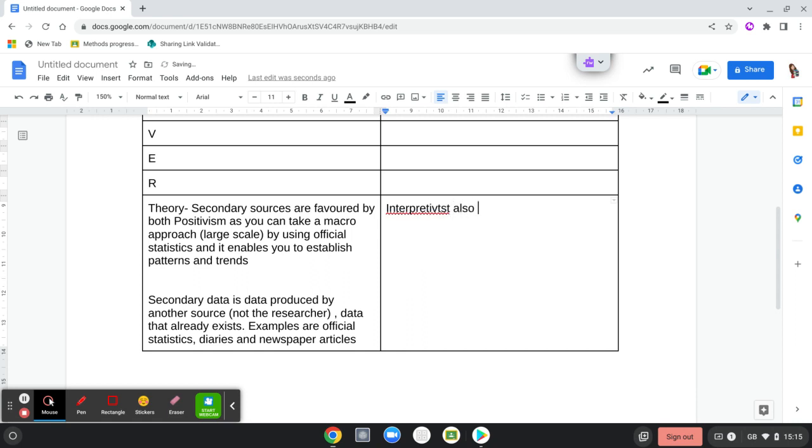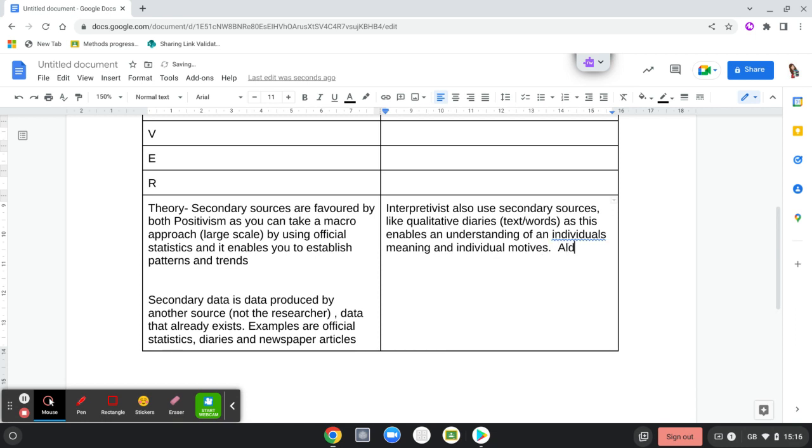Interpretivists also use secondary sources like qualitative diaries, expressed in text or words, as this enables an understanding of an individual's meanings and individual motives.